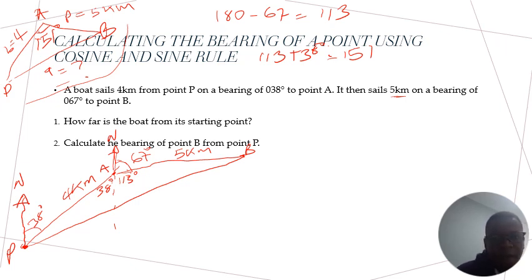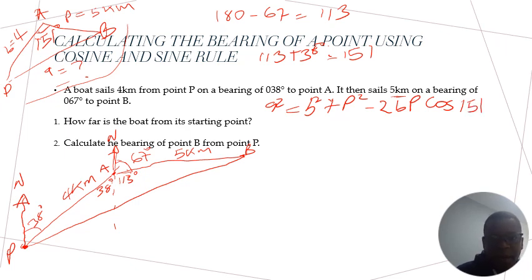We have established that we can't use the sine rule; the cosine rule is a simpler way. So a squared, which is what we need to find, will be equal to b squared plus p squared minus 2bp cos 151.